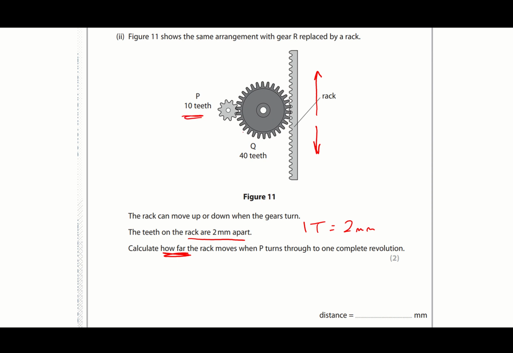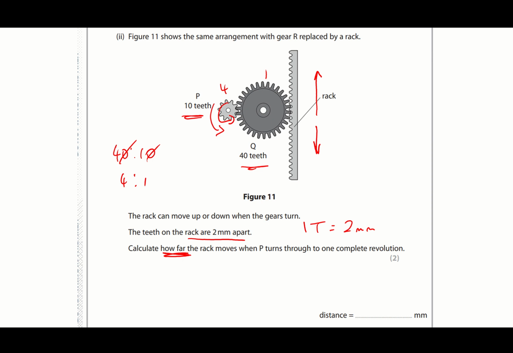Here I can see 10 teeth, 40 teeth. We know that this one will have more revolutions per minute than this one. So basic gear ratio 4 to 1. So for every 4 turns of this, there's 1 turn of that. And then we can just whiz through what we're after.